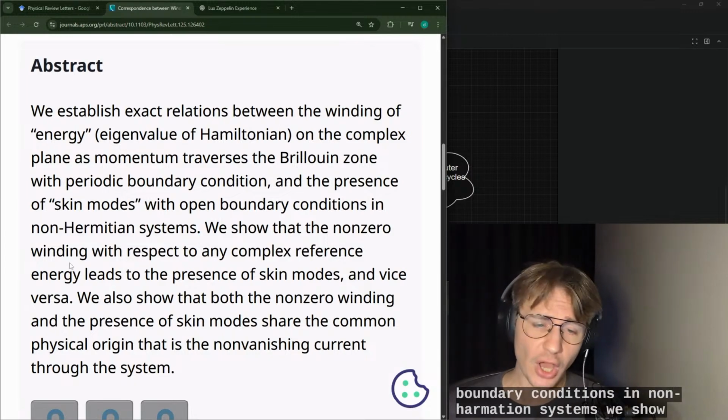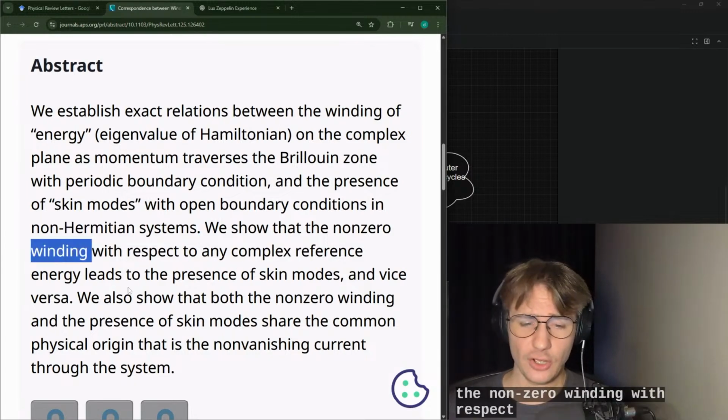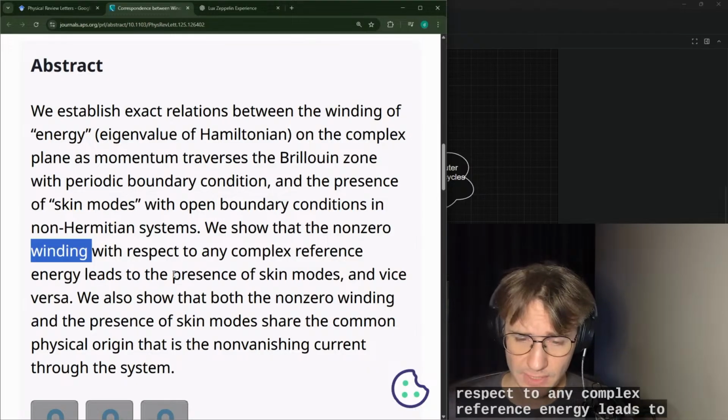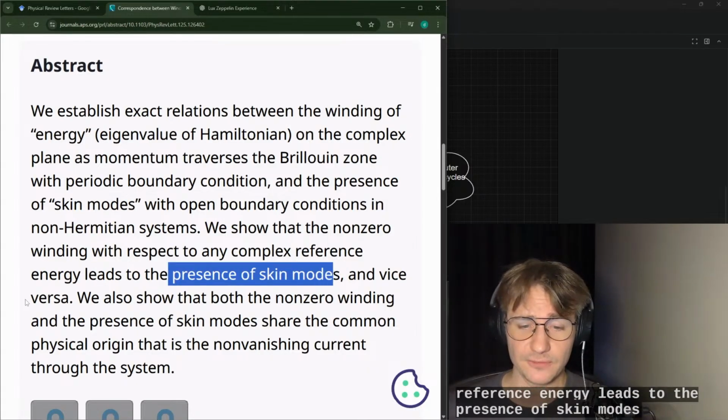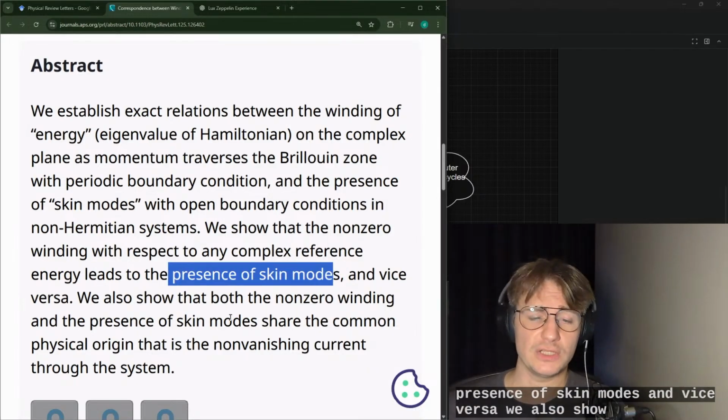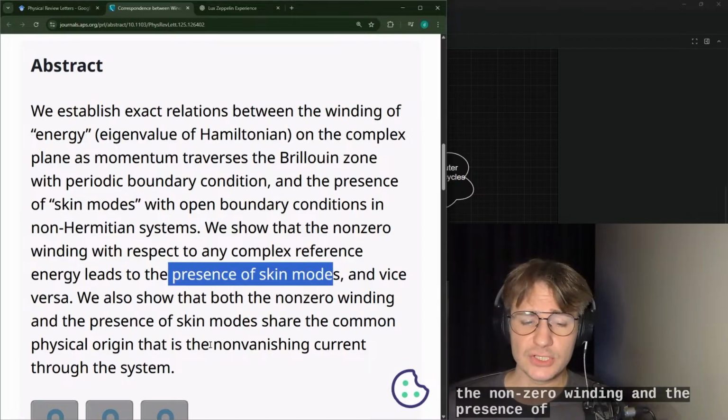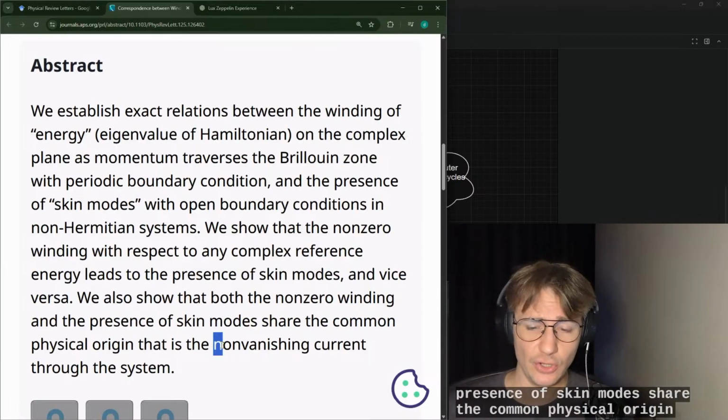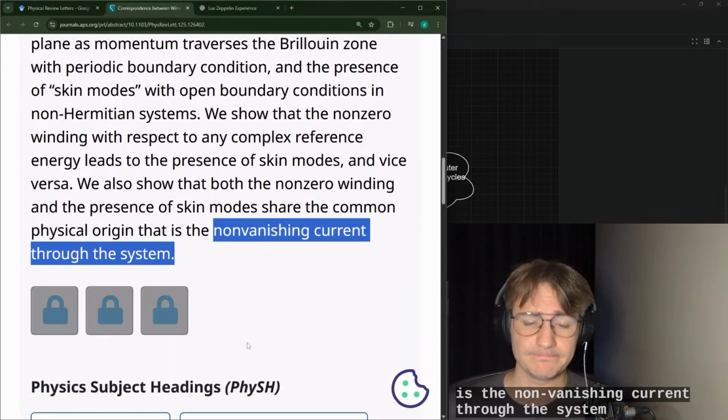We show that the non-zero winding with respect to any complex reference energy leads to the presence of skin modes, and vice versa. We also show that both share the common physical origin, that is the non-vanishing current through the system.